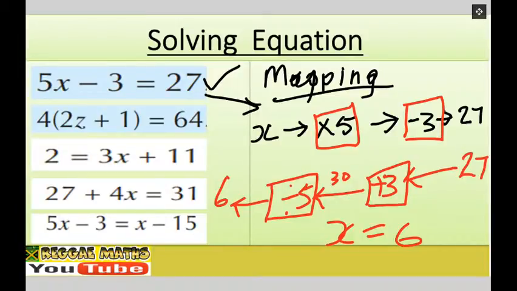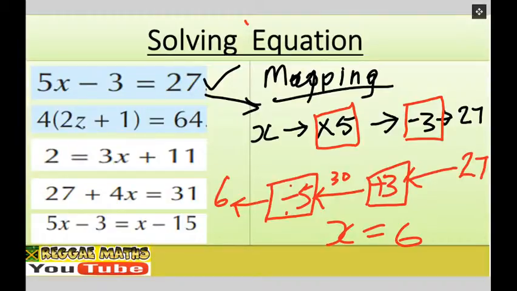Let me briefly go through this again, just to reinforce the point. You basically have x times by 5, take 3 equals 27.